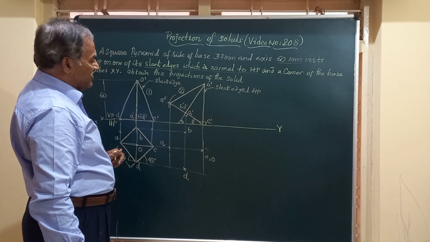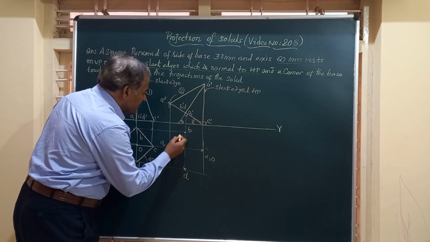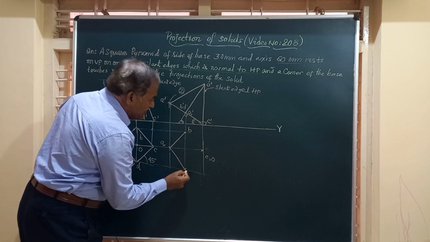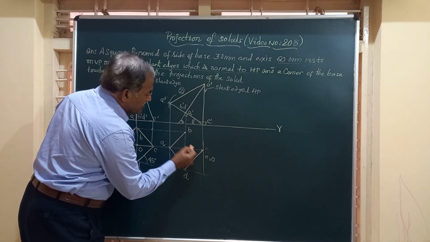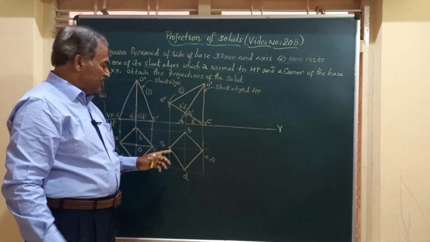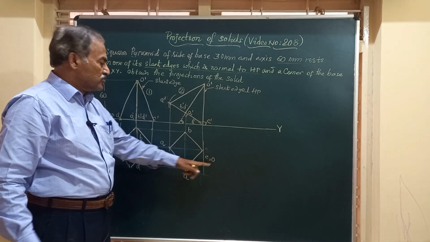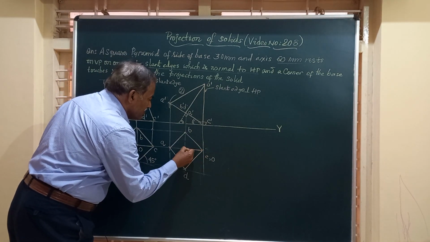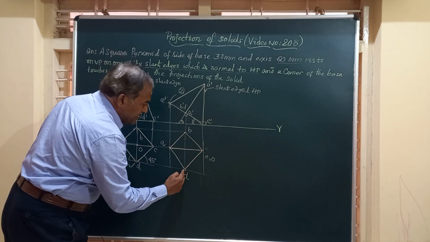Friends, let us join all these by straight lines. I am going to join the border first. I am going to join A to B, A to D, C to D, and C to B. I have joined them, and I have got all the four corners of the base, A, B, C, D. Then I have to join these to the vertex O. So I have to join O to A, O to B, already joined, O to C, D joined.